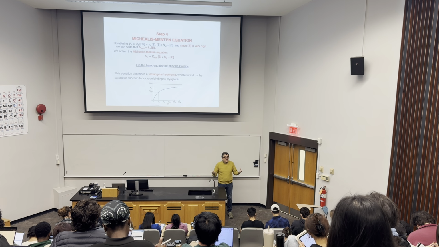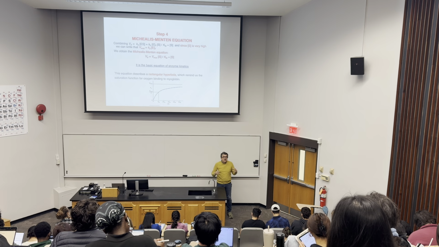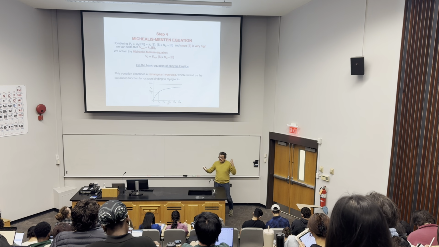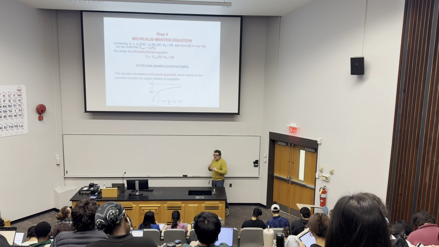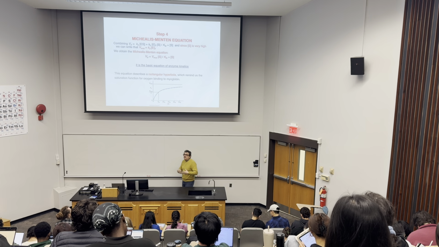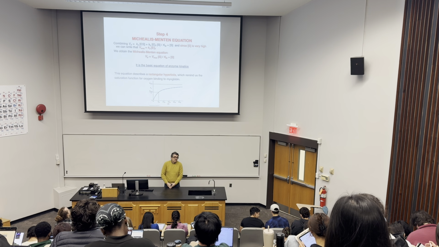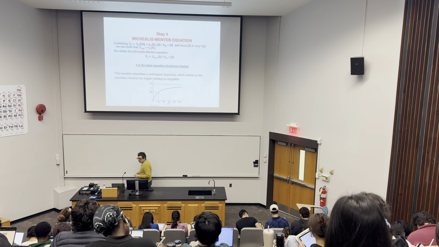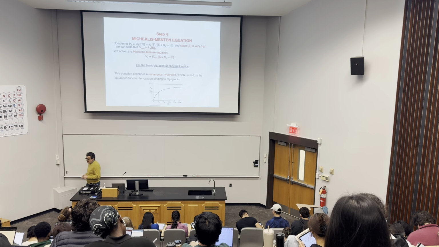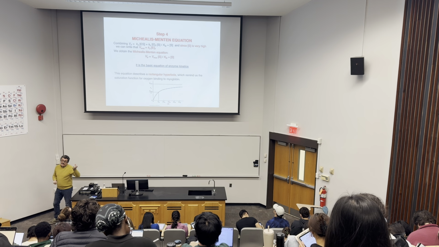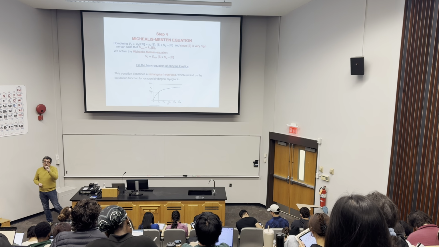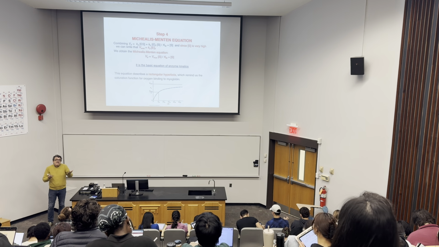In other types of reaction, when there is no this assumption, K cat could be the combination of different rate constants. It could be much more complicated. Here it is very simple. It's equal to K2 at 99.99%, so no bigger complication with that. But K2 or K cat times total enzyme is nothing else than Vmax.